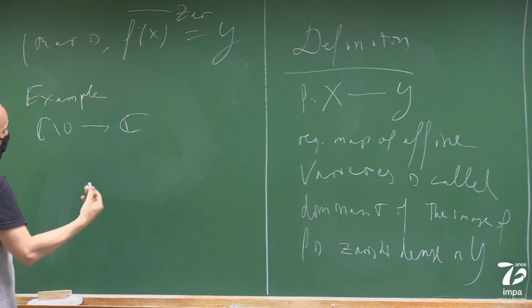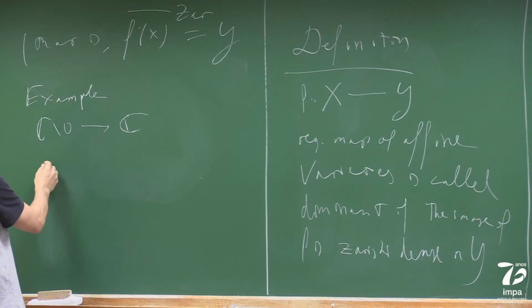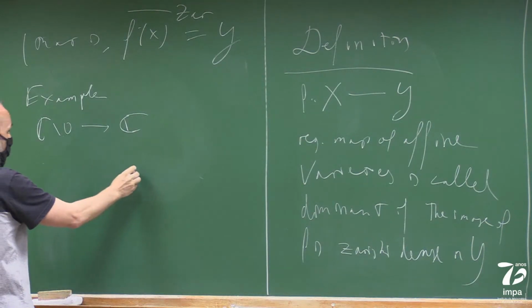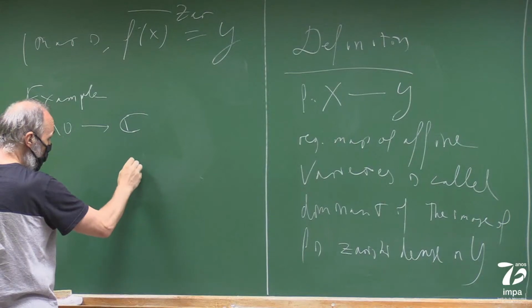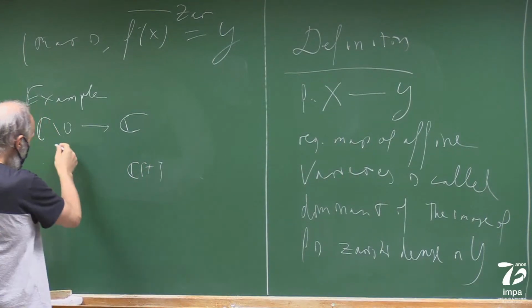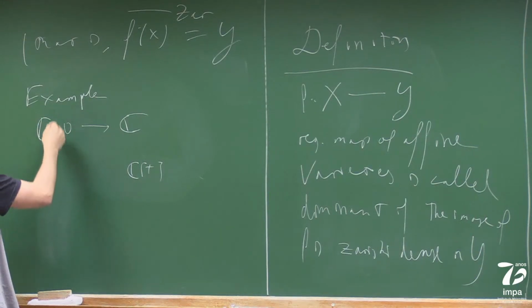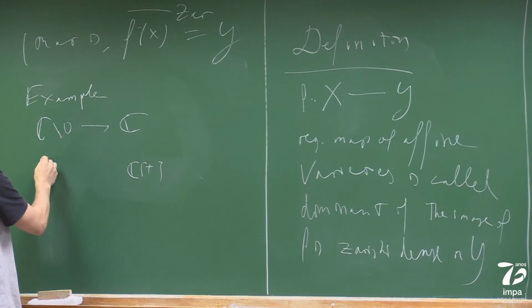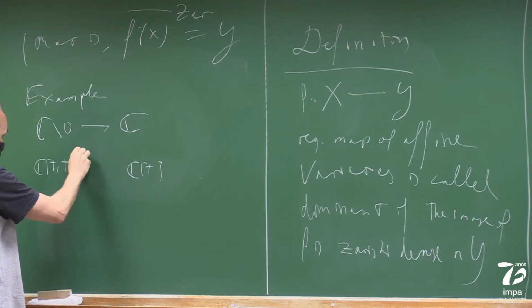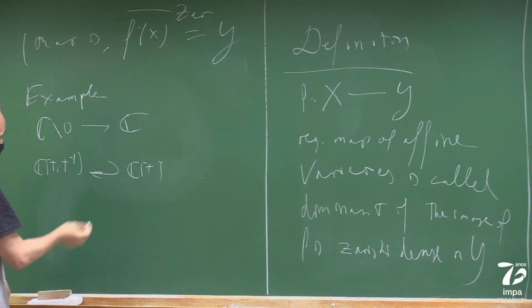How this map looks on the level of rings is not hard to see, because here the corresponding ring is just polynomials, and this is Laurent polynomials, because removing a point corresponds to inverting T, so it's C[T, T^-1]. And this is an embedding map.